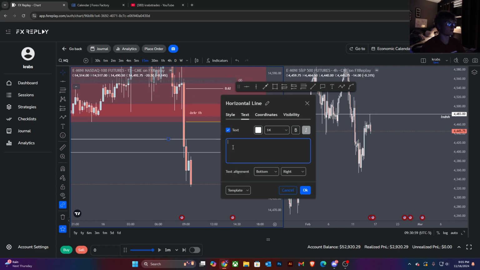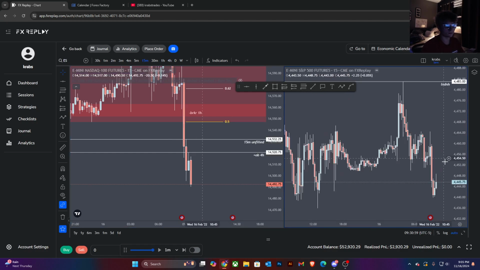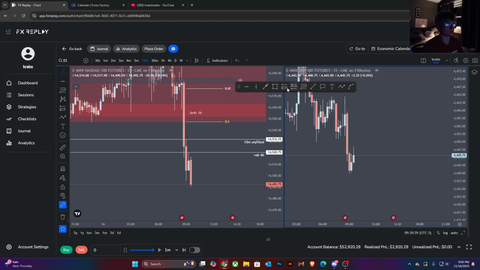Let's just mark up 15-minute fair value gap unfilled here. Looks like ES already tapped into it. A little fair value gap SMT there.